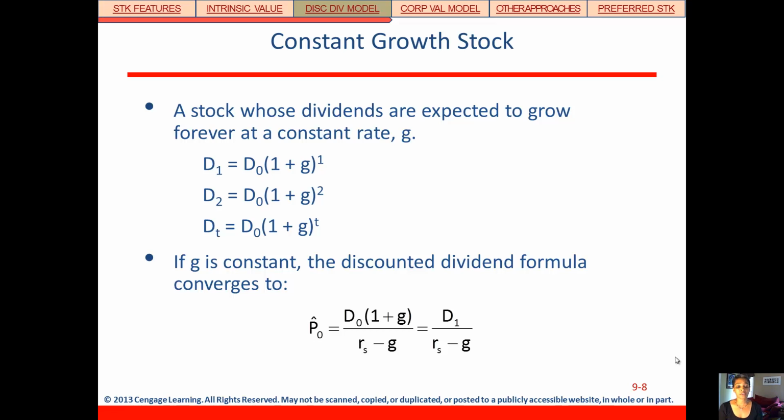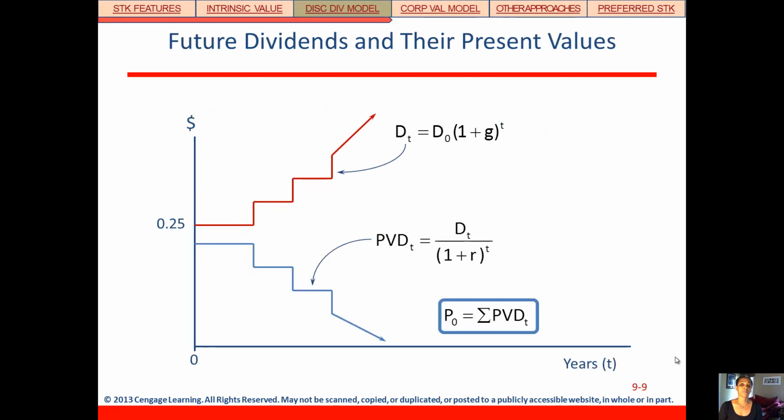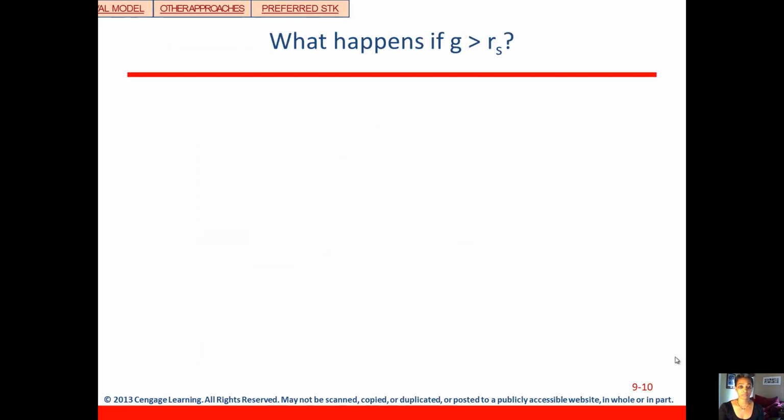In that numerator, D0 times 1 plus g is also equal to the next period dividend, or D1. So here we're just showing that the future dividends are increasing, and so the more they increase, the greater the value of the stock.